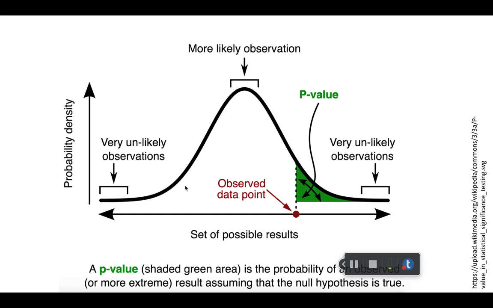And our p-value is the shaded green area that represents the probability of an observed data point like the one we had, or one more extreme, assuming that the null hypothesis is true. The null hypothesis is that there really is no difference or no result. We'll talk about that more in a little while.